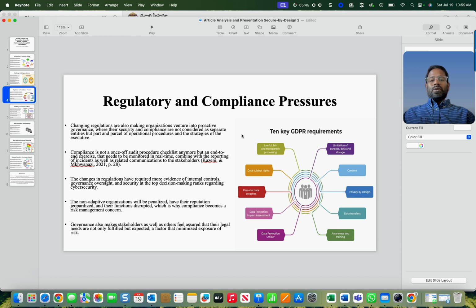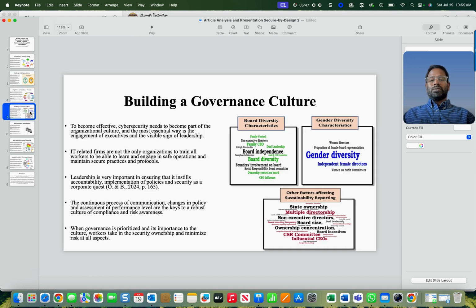Moving forward, building a governance culture. Building a governance culture means embedding accountability, transparency, and security into everyday operations.